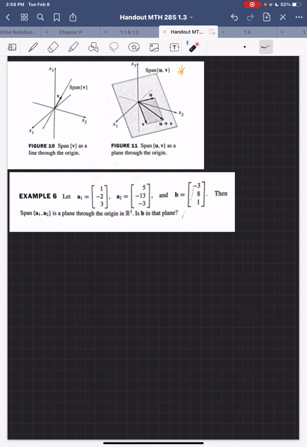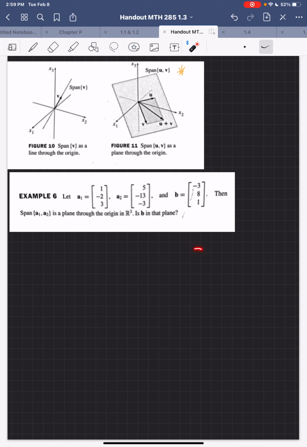In other words, you cannot reach this vector b given linear combinations of these. You would do example 6 the exact same way we did example 5. You should try it just to make sure that you can do it. But you should arrive at a scenario where it's impossible to reach vector b.